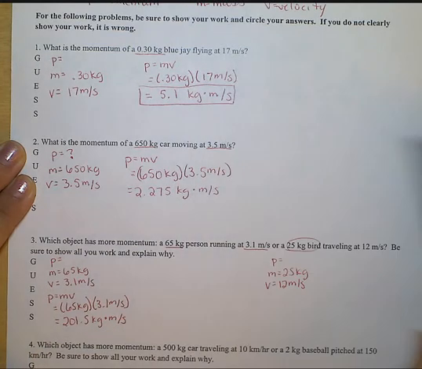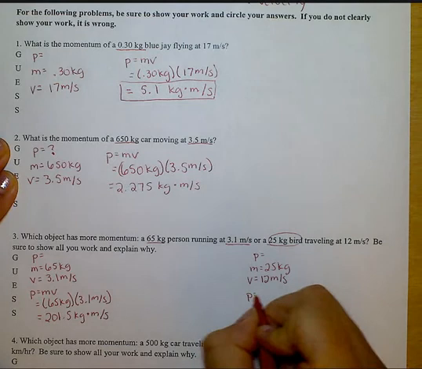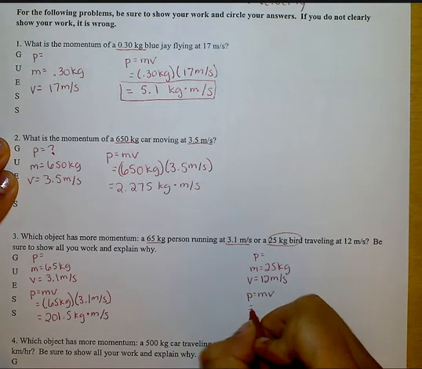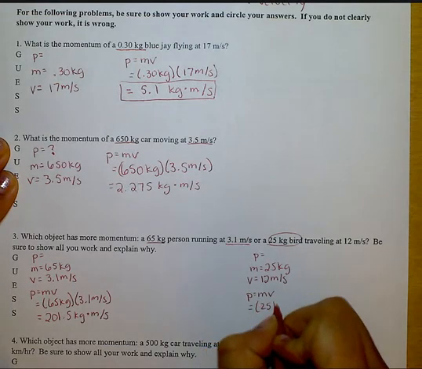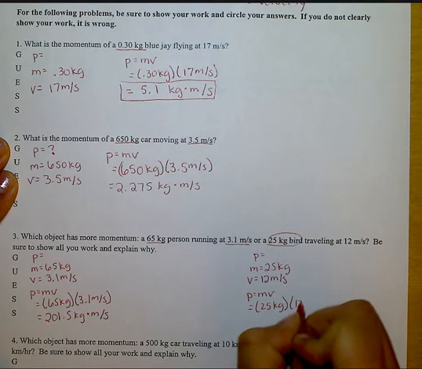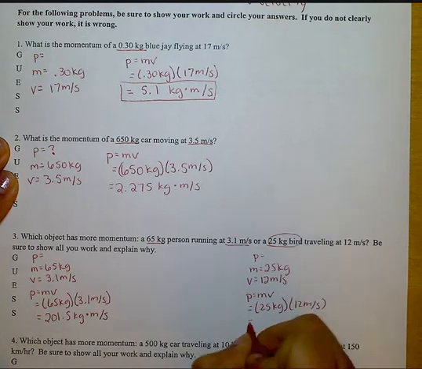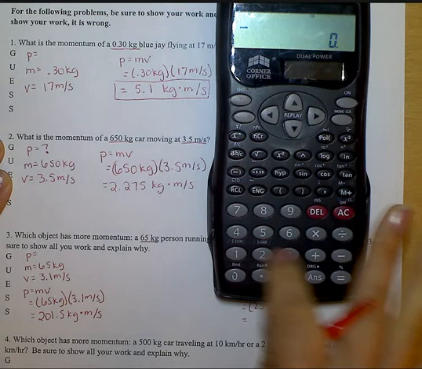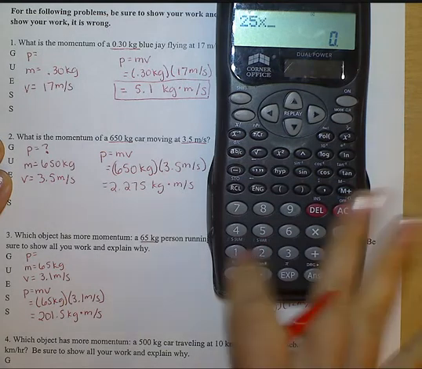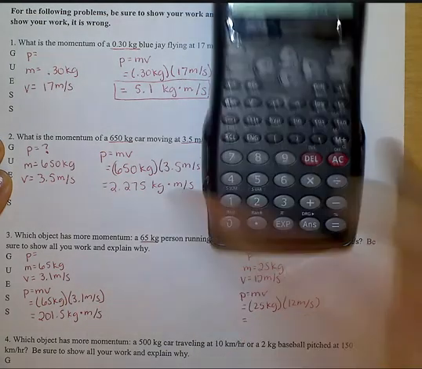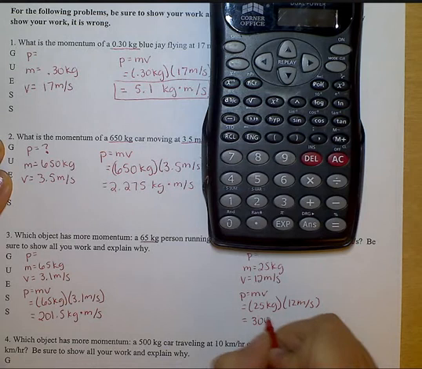And then on this side, plug it into my equation. That will give me 300 kilograms times meters per second.